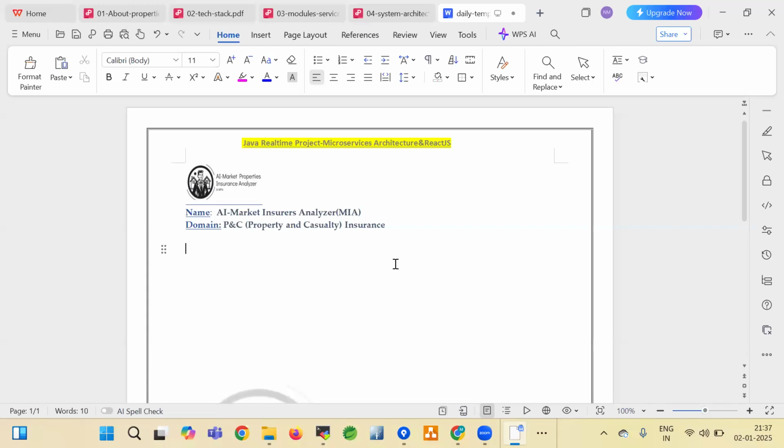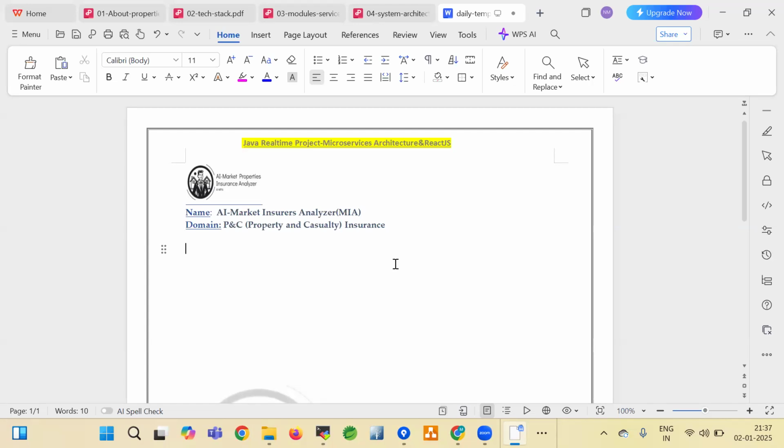So it's the AI Market Insurers Analyzer, Artificial Intelligence Market Insurers Analyzer. It belongs to the domain called P&C, I mean Property and Casualty Insurance.